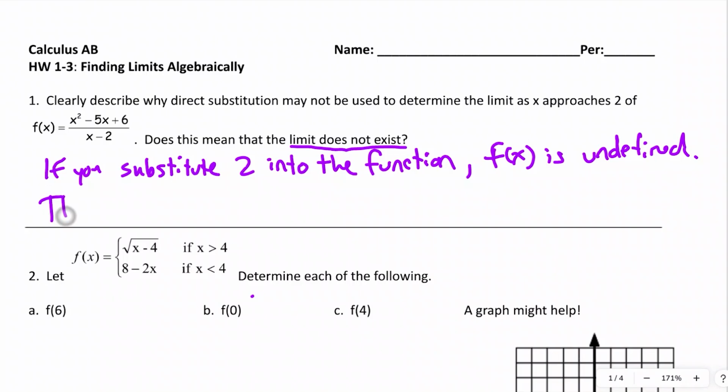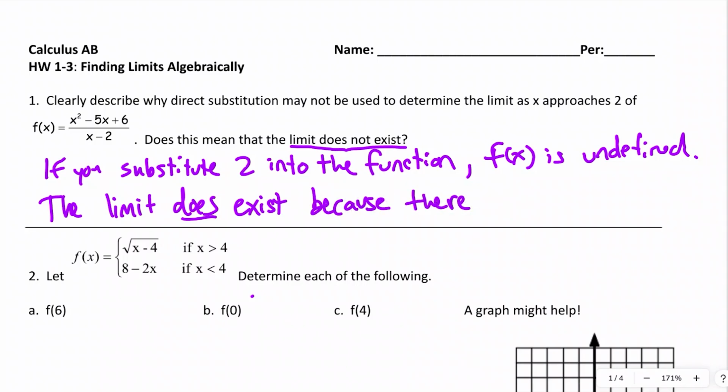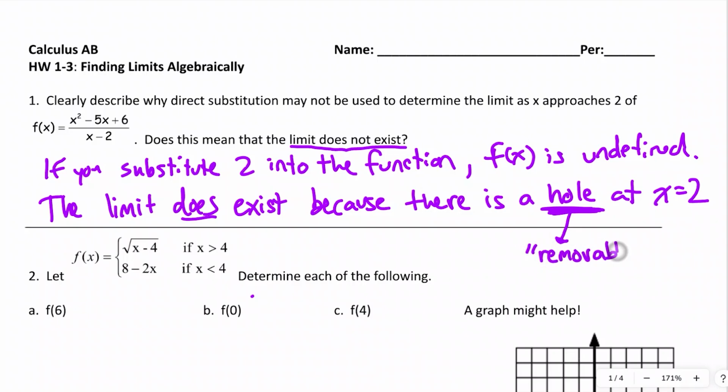Okay, the limit does exist because there is a hole at x equals 2. We haven't talked about continuity yet, but if you want to be a little fancier about how you word this, another way of saying that is removable discontinuity.